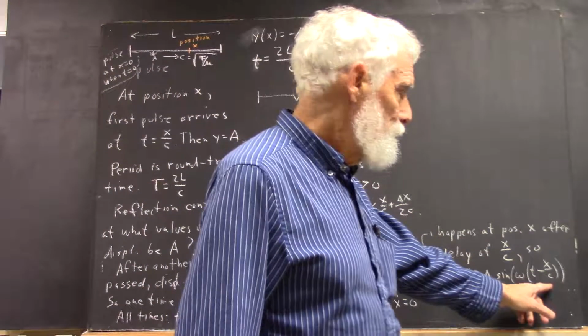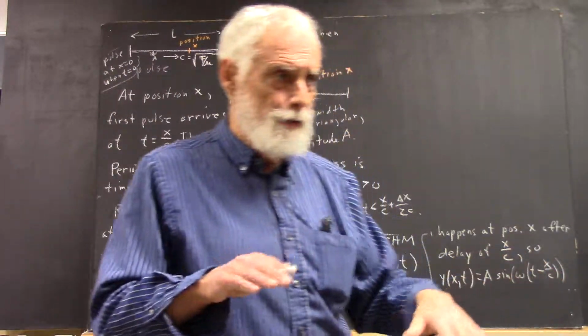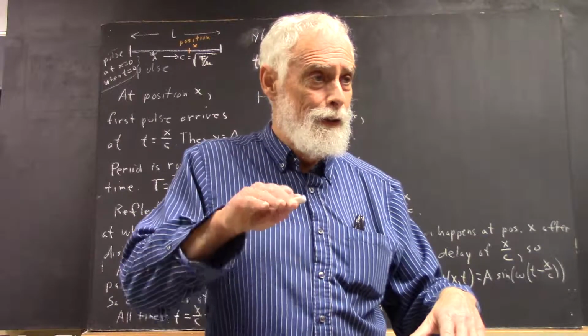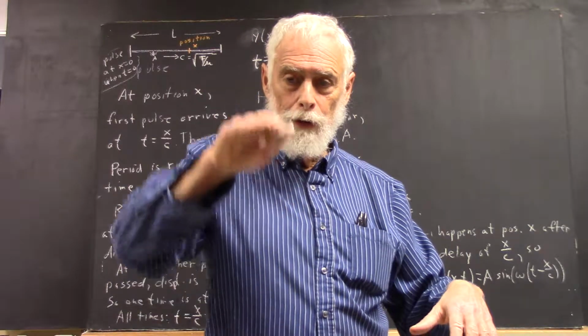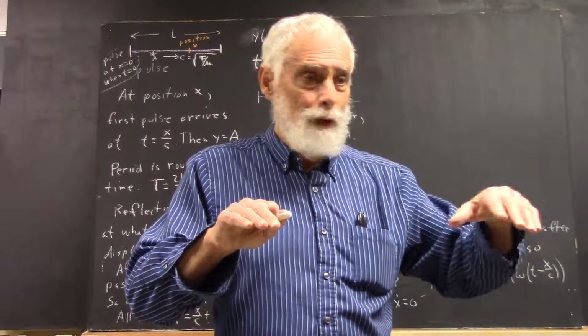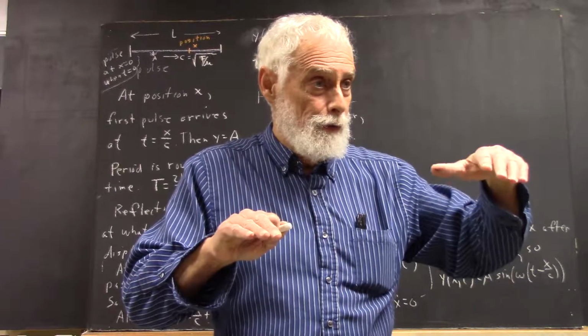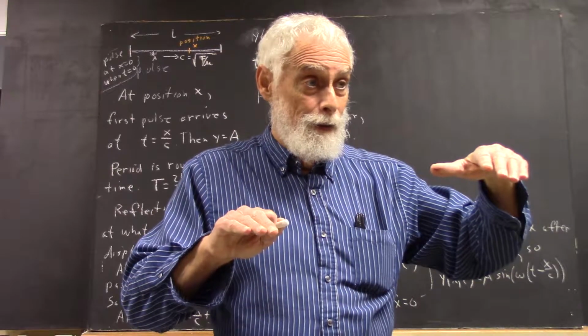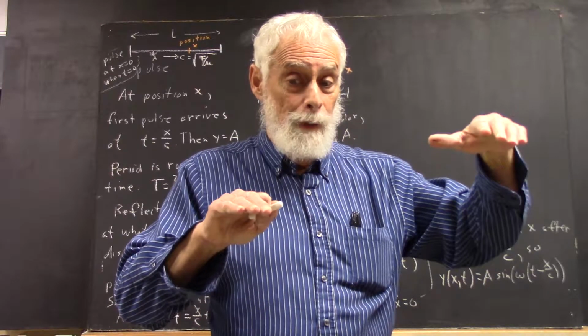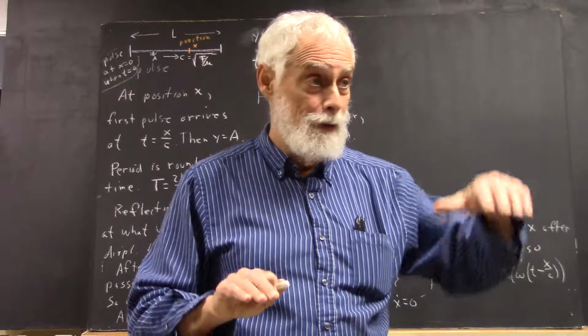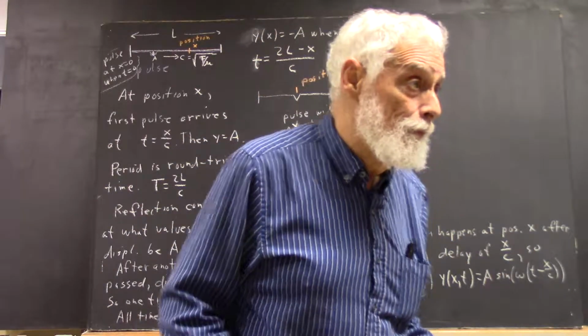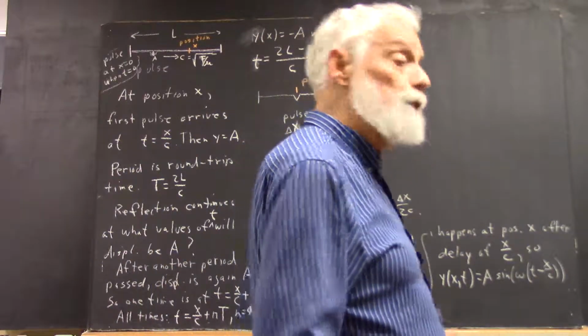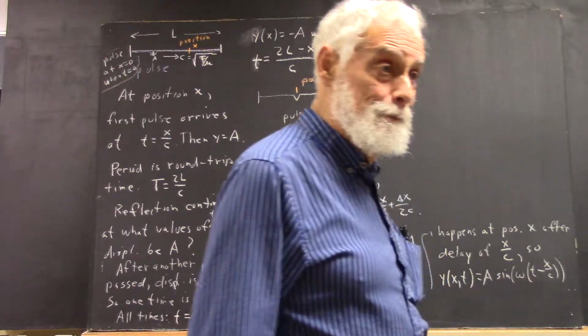But it happens at a different time, which means it's out of phase. If this one starts from 0, goes up, down, and up, that one doesn't start from y equals 0. It starts maybe up here. So as this one goes up, it reaches its peak before this one, and they are out of phase, and the phase difference is omega times x over c.